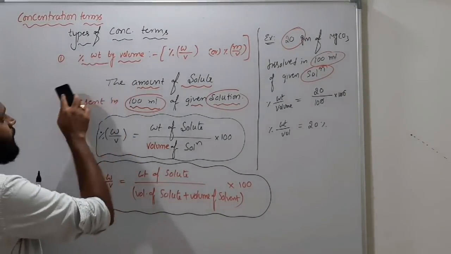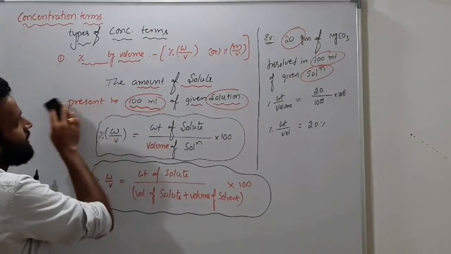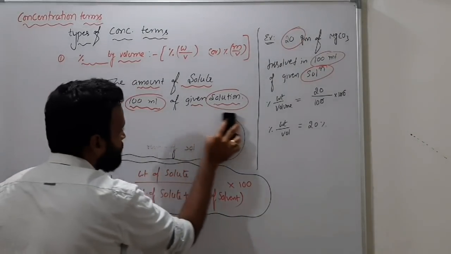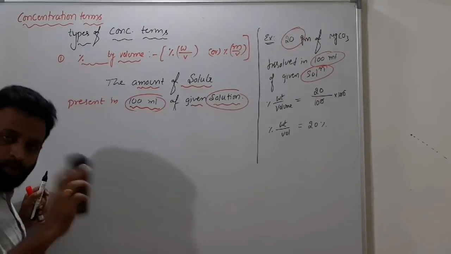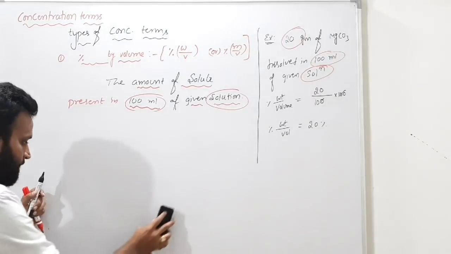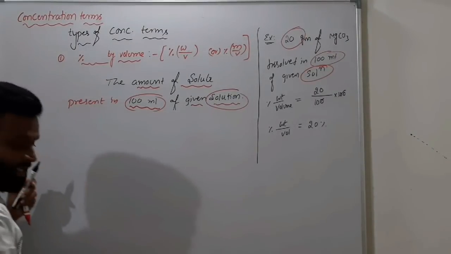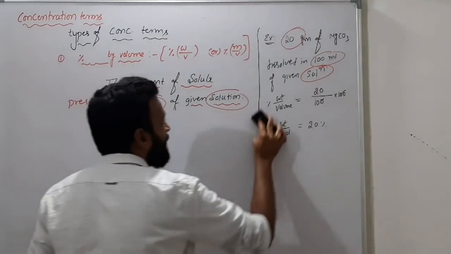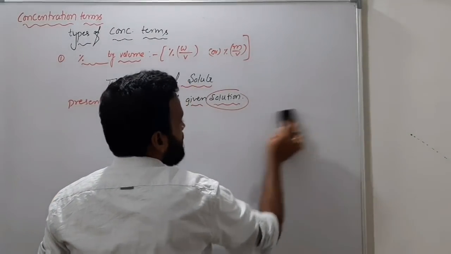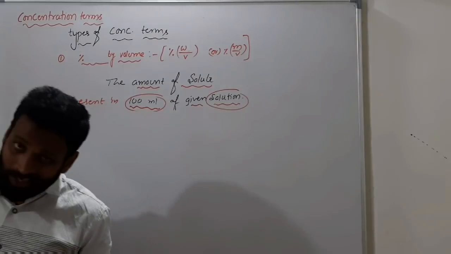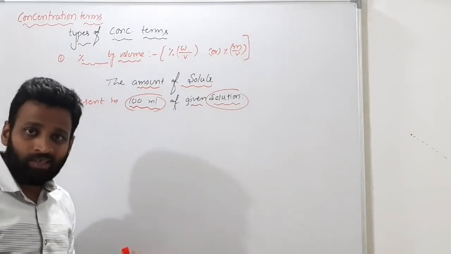Now our third one is percentage volume by volume. Just what I will change: actually the numerator is about the solute and the denominator is about the solution, right? So here, both numerator and denominator I will consider volumes.